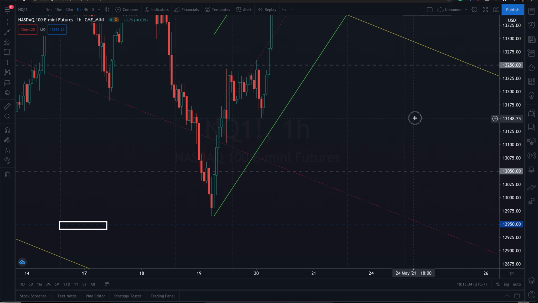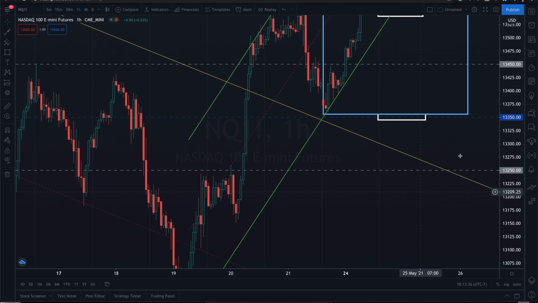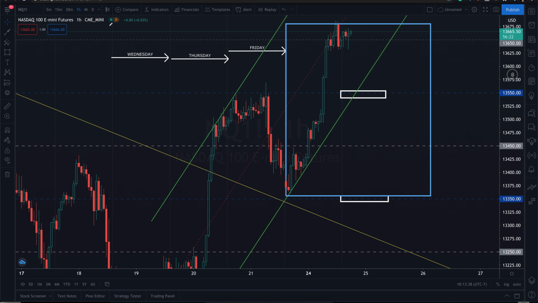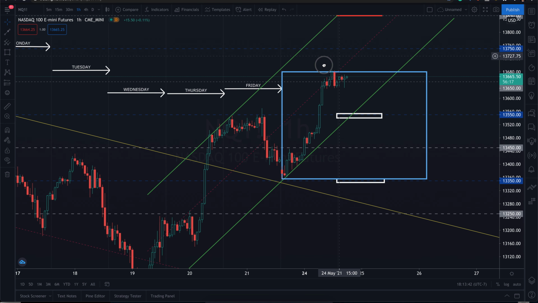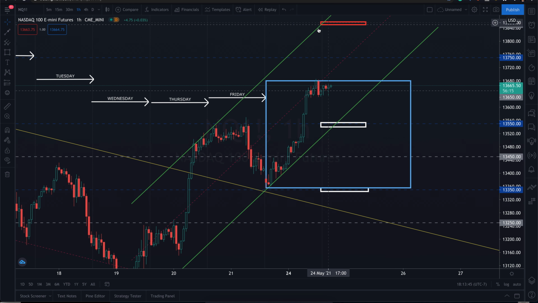Yeah, I actually moved it from here. Anyway, so we're looking to create a range. If we break out of this new channel and we're unable to touch the upper side of the channel, then we're looking to find support at this level right here.